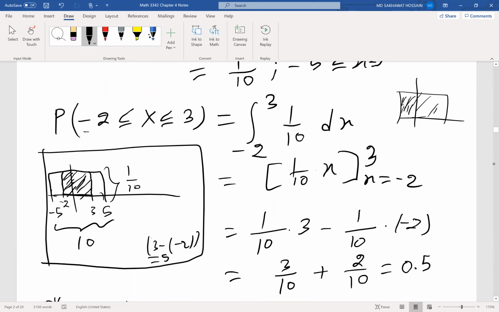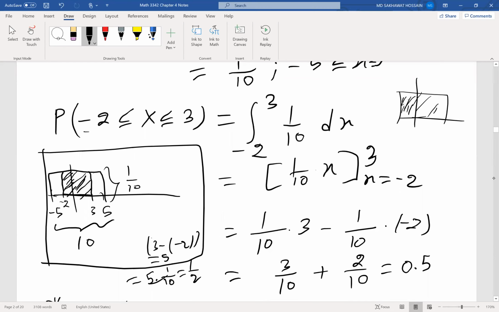So this length is 5, and the area will be 5 times 1/10, so the area will be 1/2. So you can directly calculate the probability for the uniform distribution instead of doing integration.